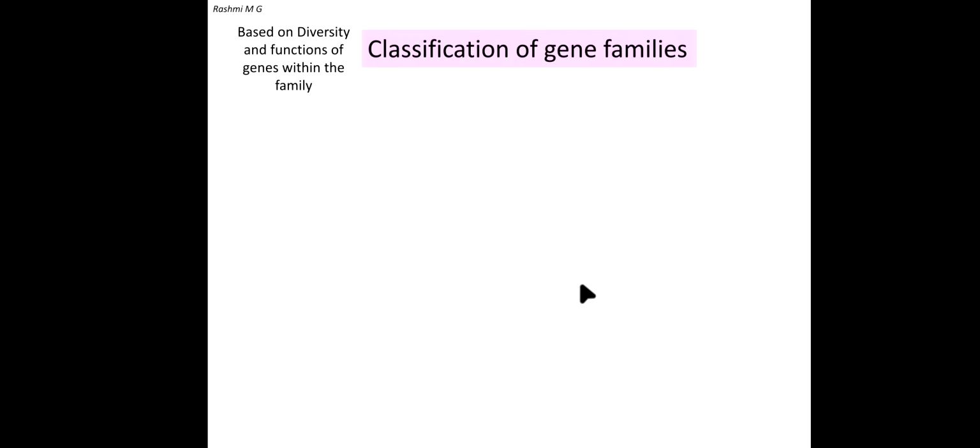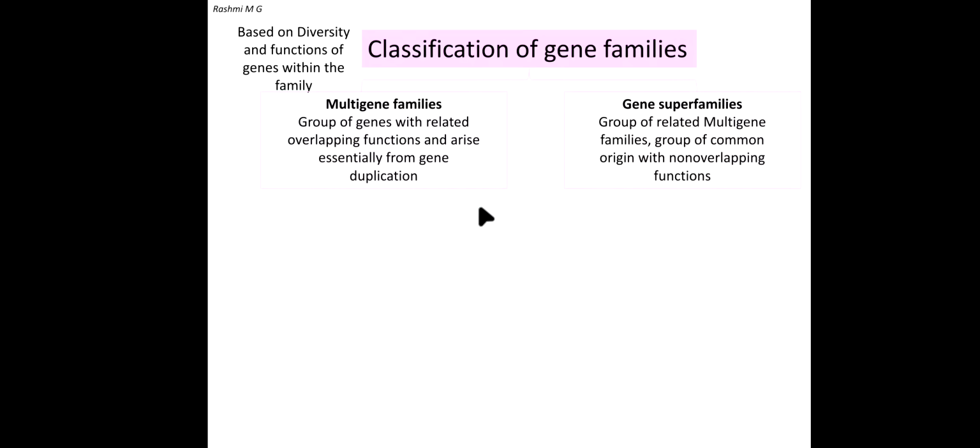So based on the diversity and functions of genes within the family, gene families are classified into multi-gene families and gene superfamilies. In multi-gene families, the group of genes are related with related overlapping functions. Here there is no non-overlapping functions.